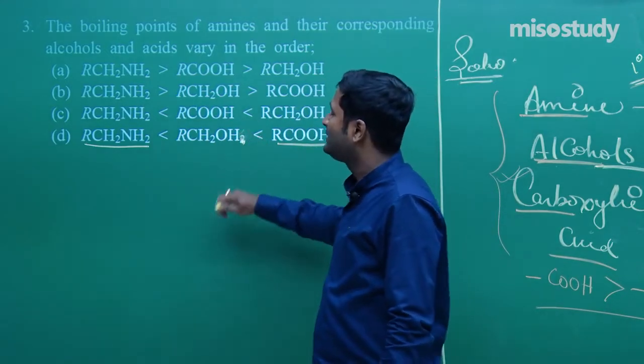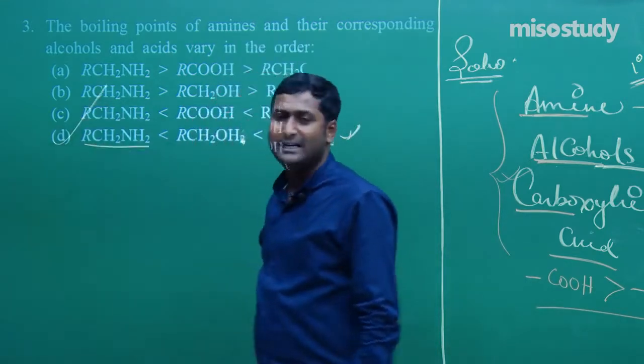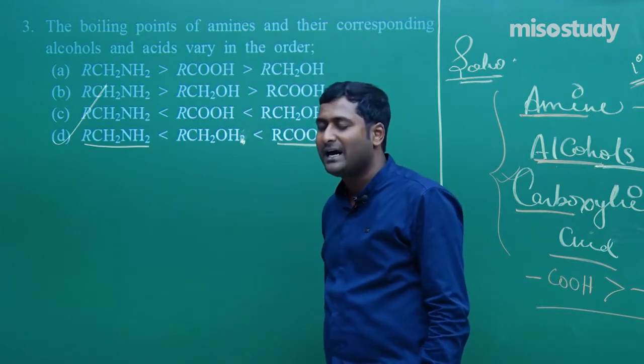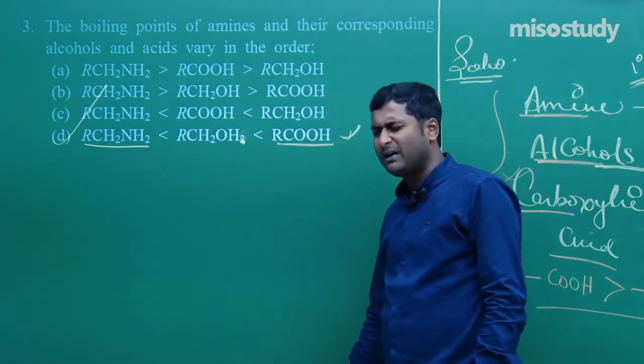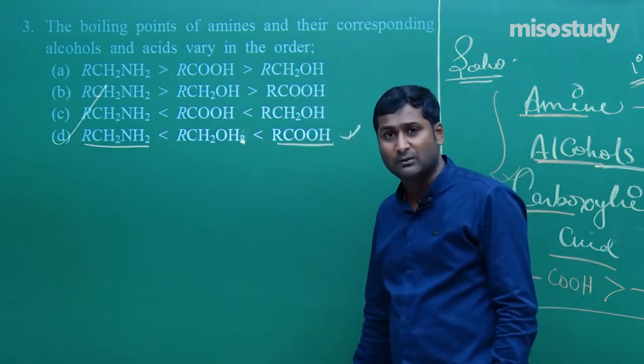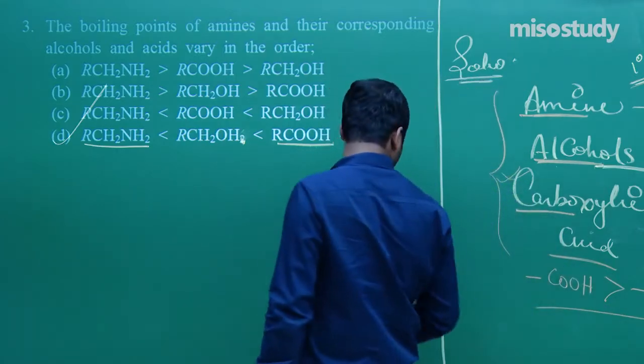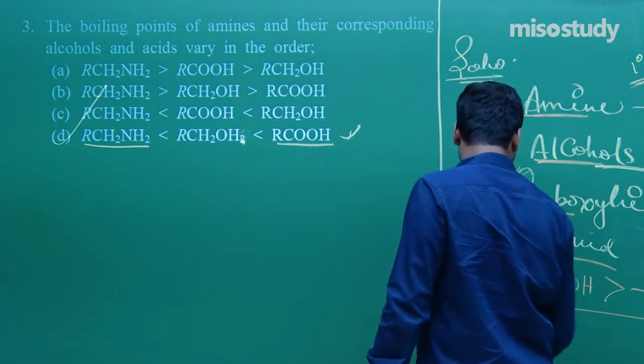Clear to you? So in this case, we can say D is the correct option. What decides it is the ease of formation of hydrogen bond: if the ease of formation of hydrogen bond is more, then boiling point is more. Clear? Now I am going to rub this part and we'll discuss the next one.